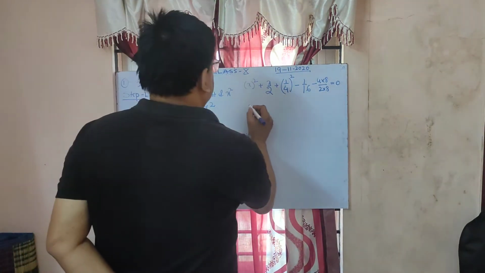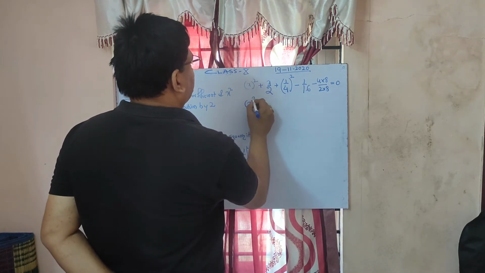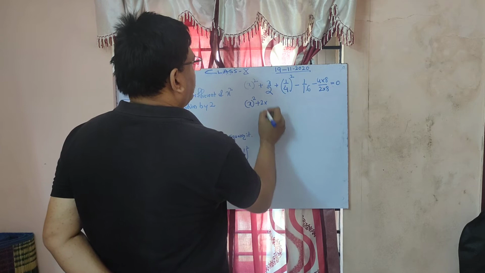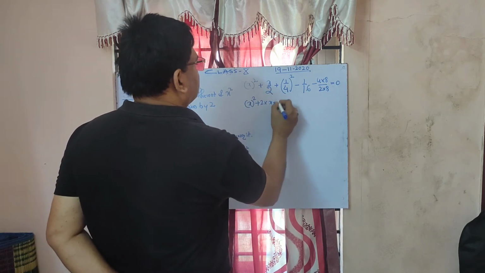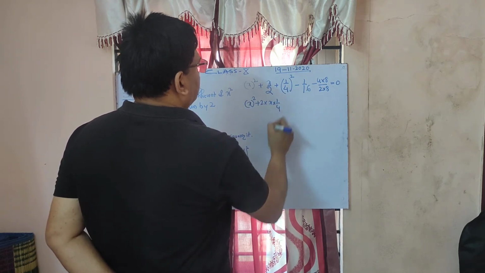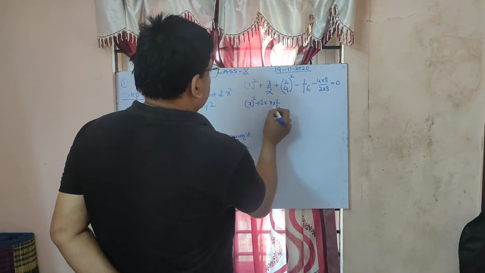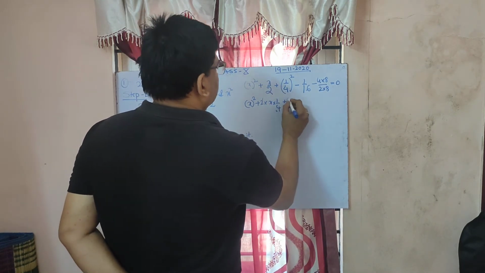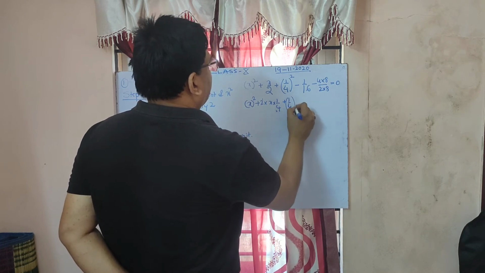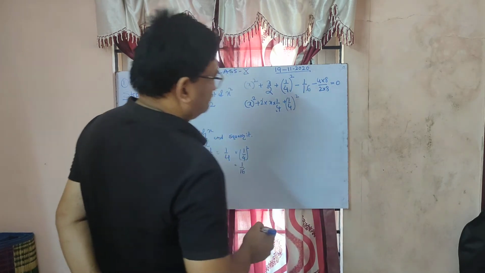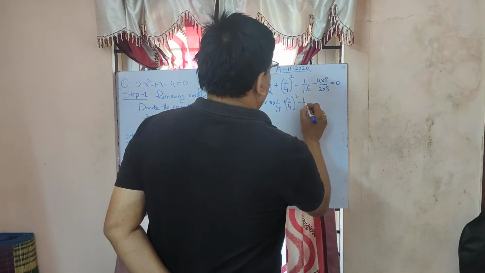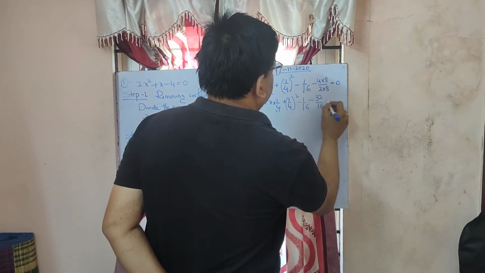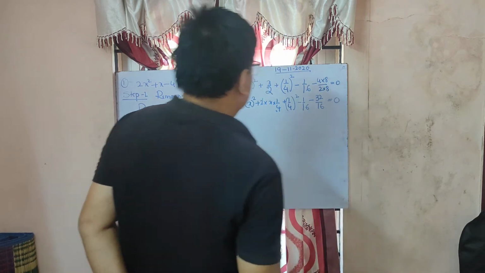Now you can see the square of the first number plus 2 into first number into second number, 2 ones are 2, 2 twos are x upon 2, the same thing, plus 1 upon 4 whole square. Now 1 upon 16 minus 4 eights are 32 upon 16 is equal to 0.